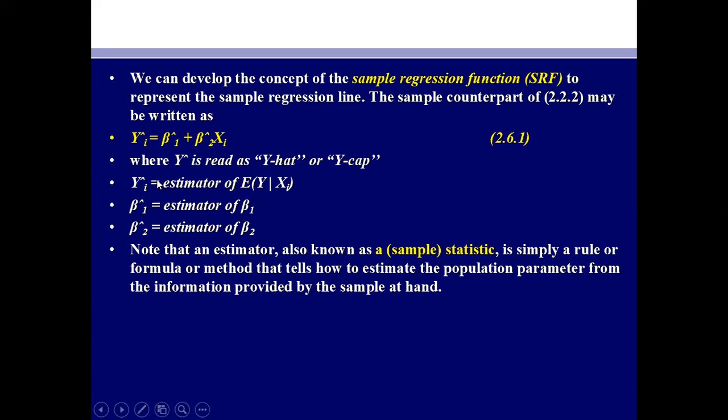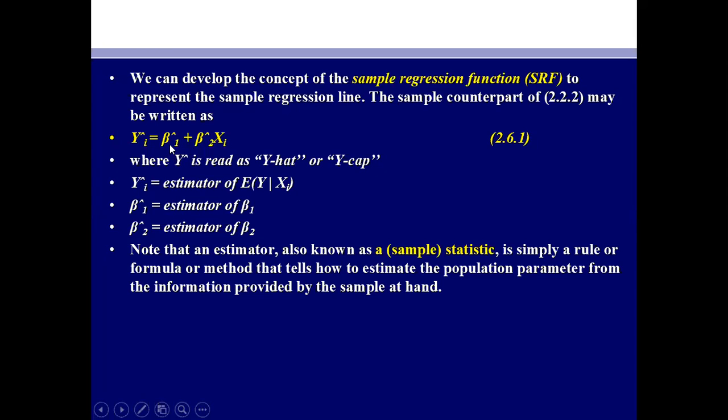So the y hat is actually representing the conditional mean. It is an estimator of expected value of y given x. In statistical notation, whenever we put a hat on a quantity, this means that we are talking about the estimated quantity from the sample data, right?